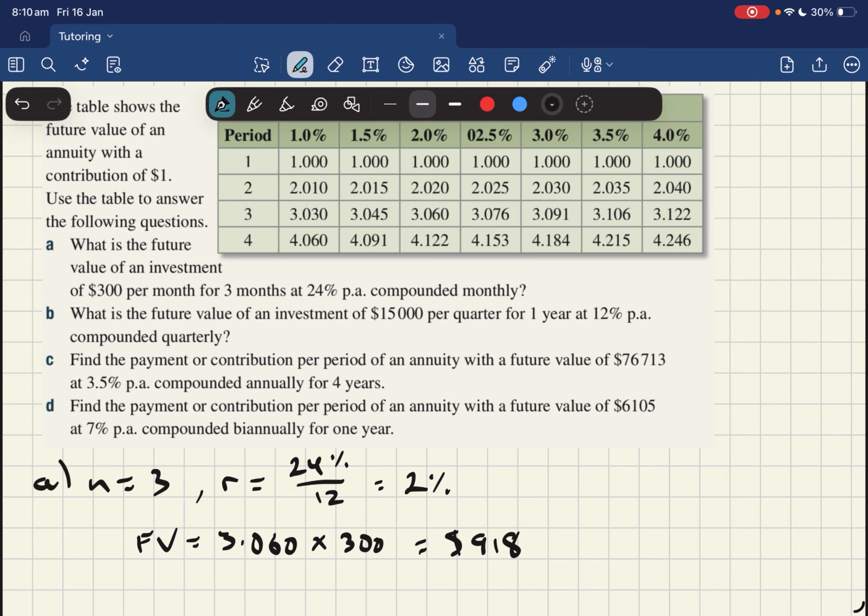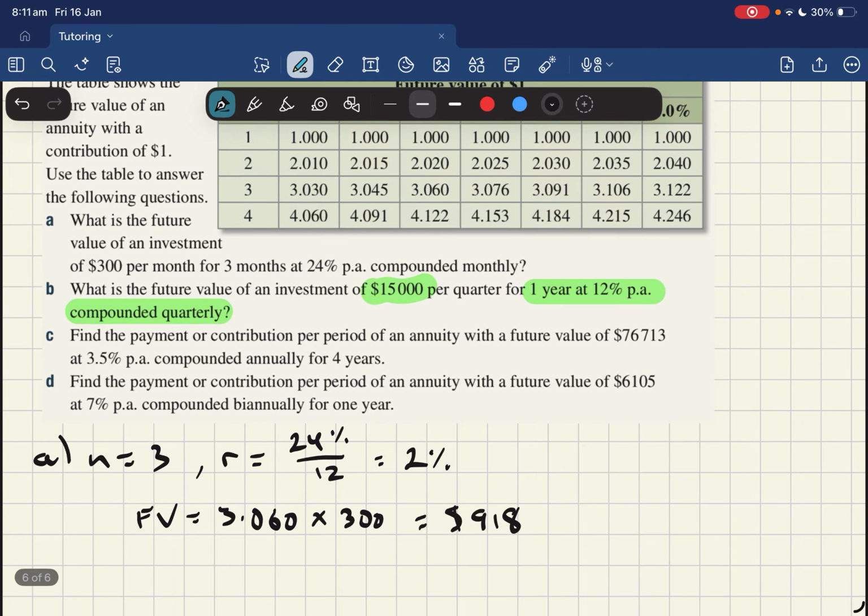Okay, next one. It's saying, what is the future value of an investment of $15,000 per quarter for 1 year at 12% per annum compounded quarterly? Okay, so this is where the wording gets a little bit tricky. So we have our payment per quarter for 1 year at 12% per annum compounded quarterly.